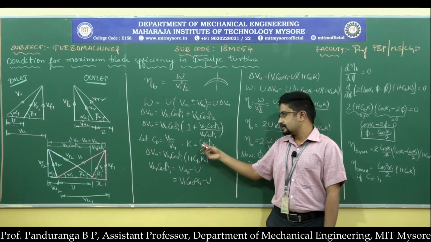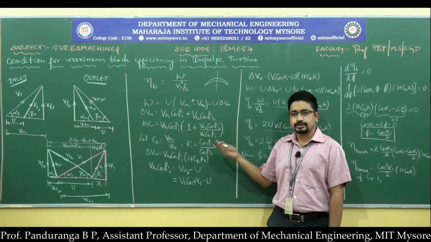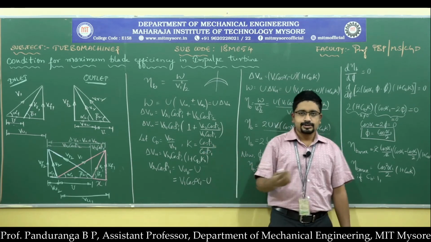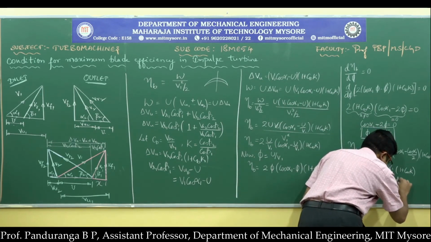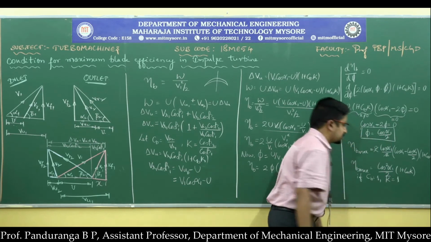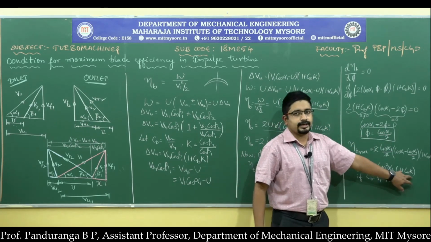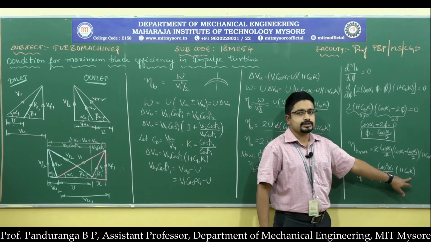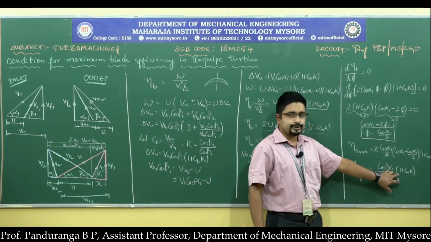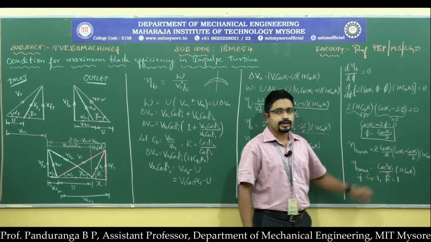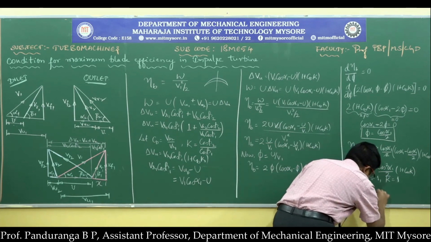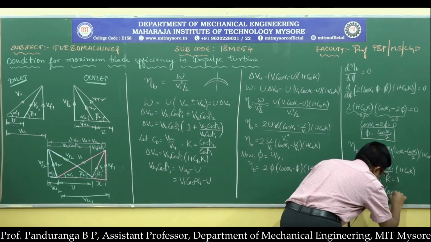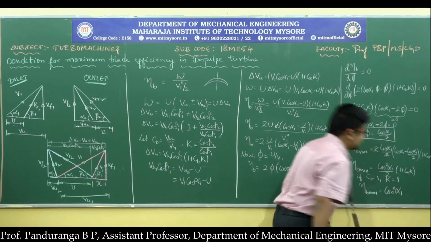K will be equal to cos beta 1 divided by cos beta 2, which is the same, so it becomes 1. So k is equal to 1. For these two conditions, if I substitute Cb and k as 1, then I have 1 into 1, which is 1, and 1 plus 1 will be 2. So 2 and 2 will get cancelled, and eta b max will be equal to cos square alpha 1.